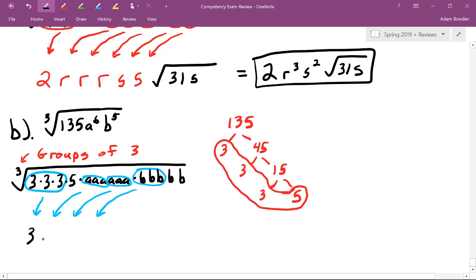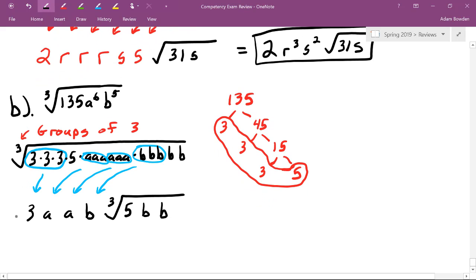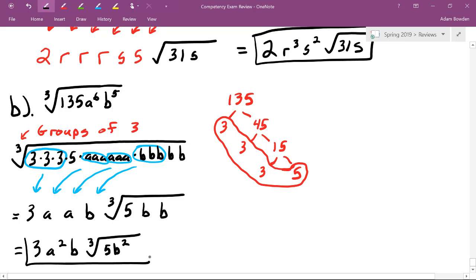So we get 1, 3, 2 groups of a's, so 2 a's, 1 group of b, so 1 b. And then on the inside of the cube root would be 5 and b times b left over. So when we put this all back together, that would be 3a squared b and the cube root of 5b squared. And that'll be our final simplified answer for this one.